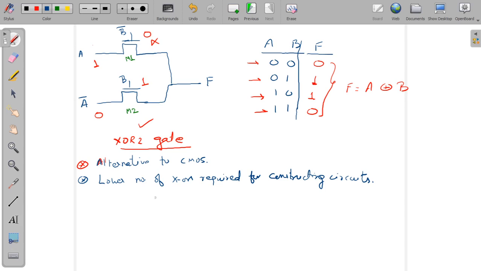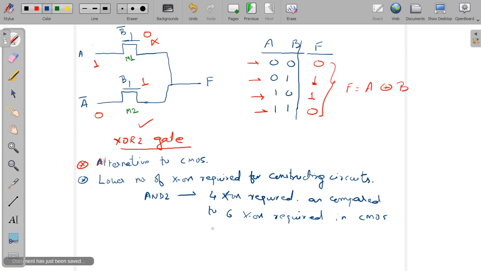For example, I can write here that for AND 2 gate, 4 transistors required, as compared to 6 transistors required in CMOS design style.